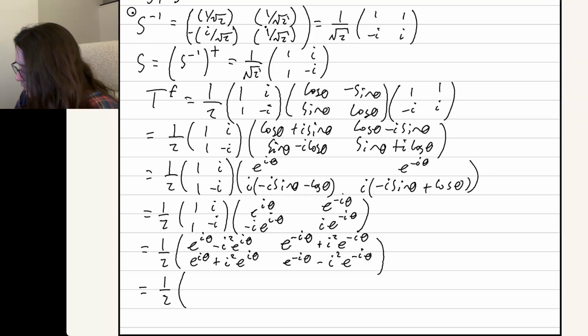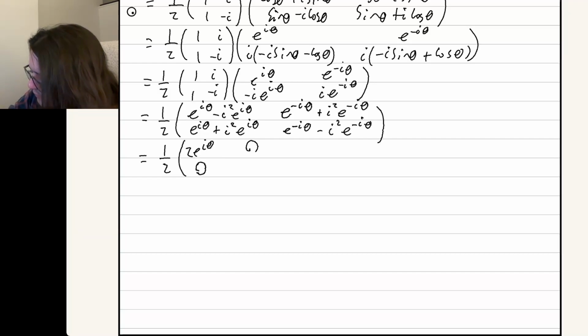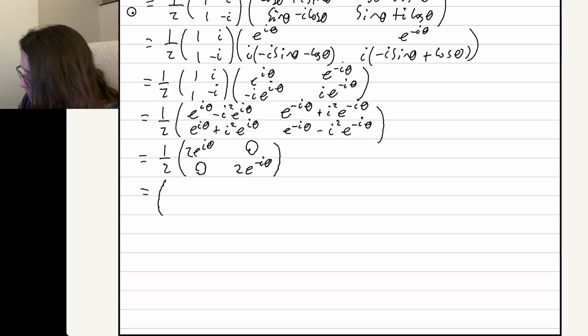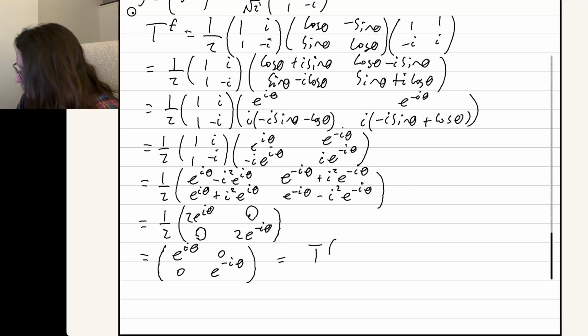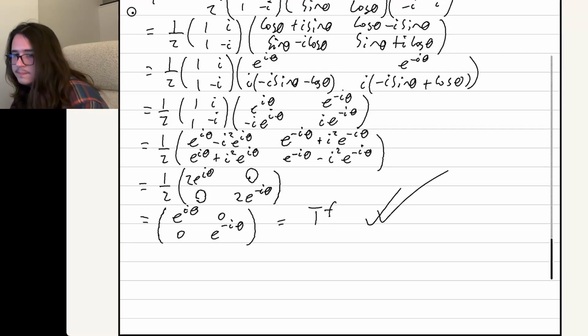Of course, i squared is just minus 1, so we actually have 2 e to the i theta here. This will be 0. We've got 0 here, 0 here, and then 2 e to the minus i theta here. You carry the 1 half out front, and you just get e to the i theta, 0, 0, e to the minus i theta. And that is the transformation matrix in the diagonalized basis, so we are good there. All right.